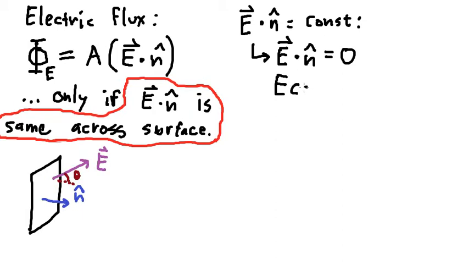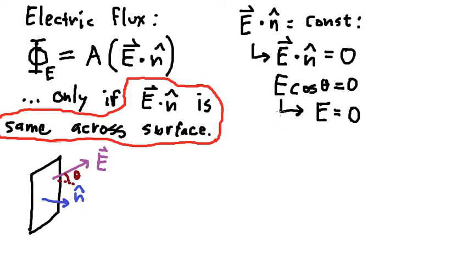The dot product is the magnitudes of the two vectors multiplied together, times the cosine of the angle between them. This angle here I'm going to call theta. That's the angle between the electric field and the normal. This is another normal here, just perpendicular. It's the same thing though.